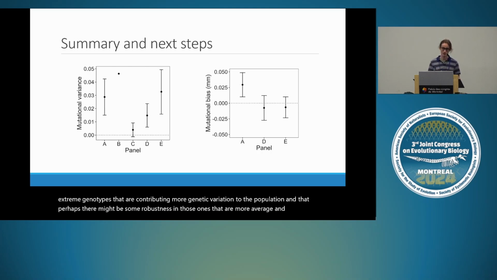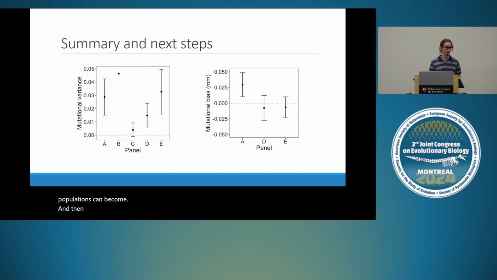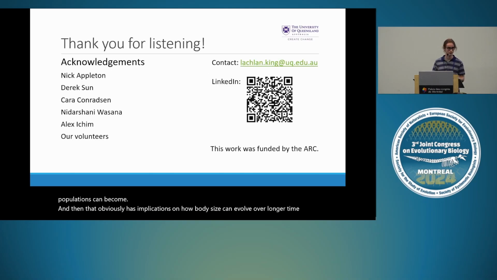And there's a weak pattern that may suggest that mutations are changing size back in the direction of the mean on average, which may then limit how much more extreme populations can become. And that obviously has implications for how body size can evolve over longer timescales. So that's all from me.